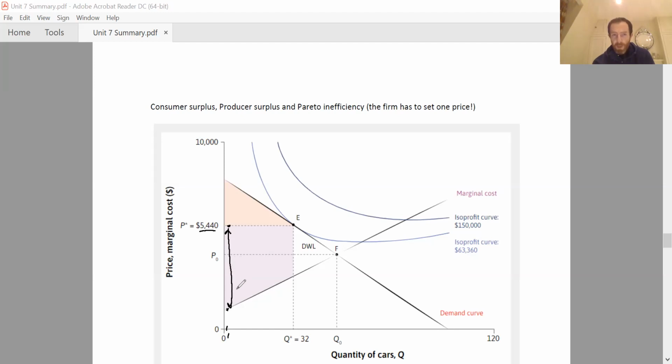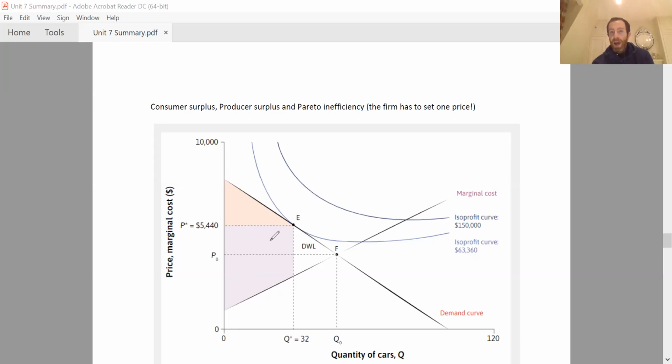As we work our way towards the actual quantity of output, every gap between the price they sell it for and how much it costs them to make is what we call the producer surplus. So you can see this reddish pink area that represents the consumer surplus, the benefit for the consumers. And this purple area represents the producer surplus, the benefit for the firm.